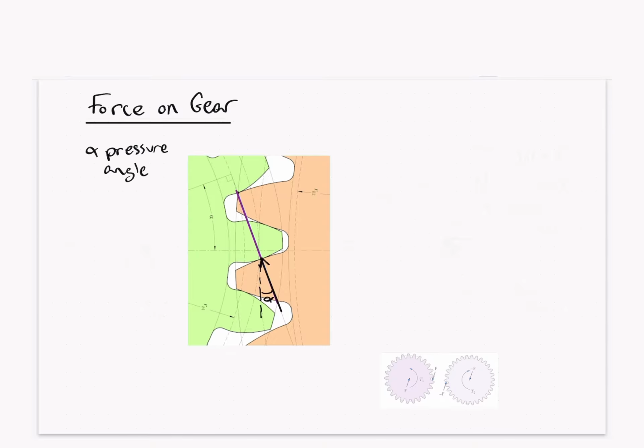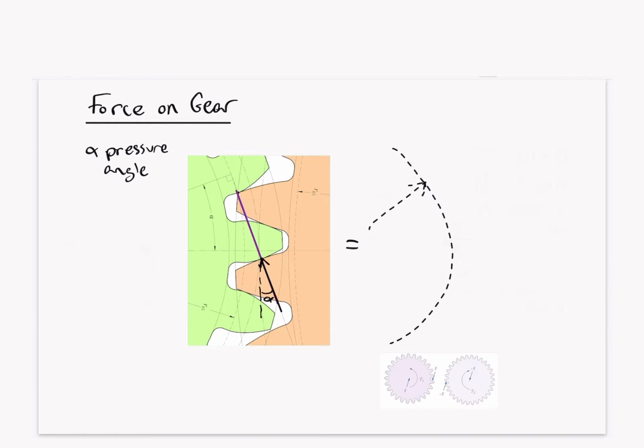And that is equivalent to us being able to say that we have some radius, our RP, which is the pitch radius.